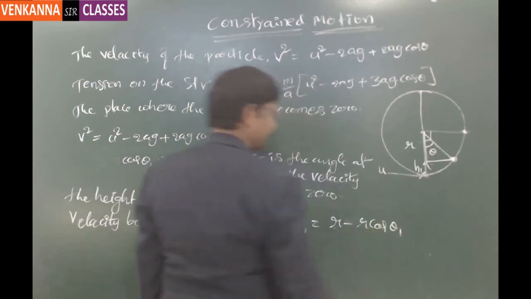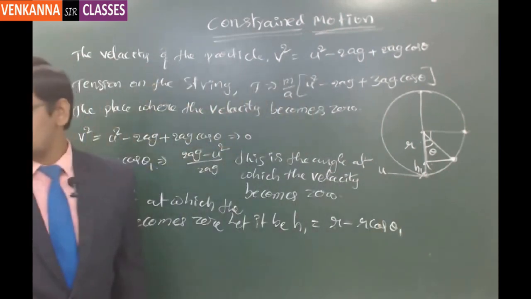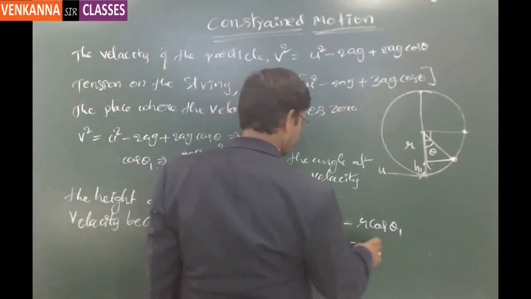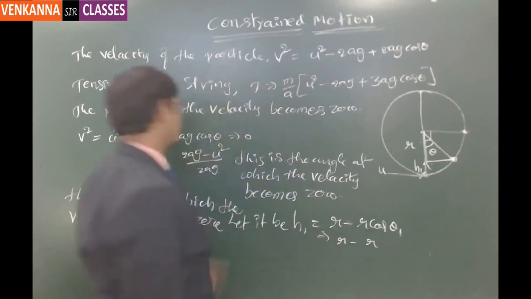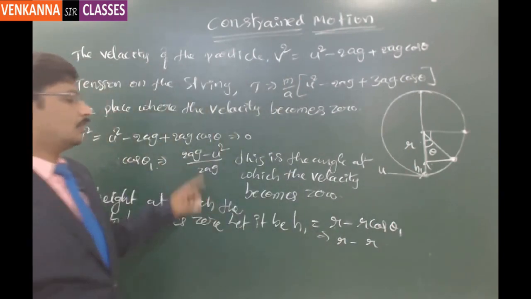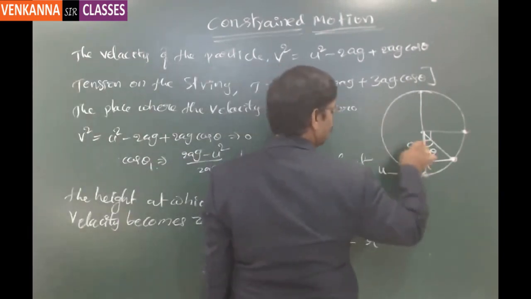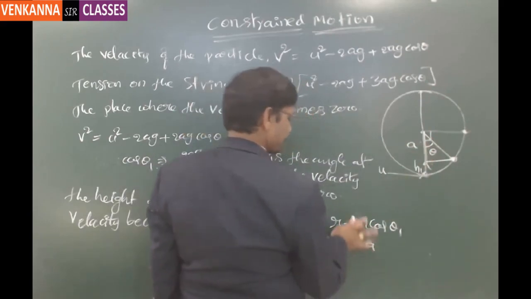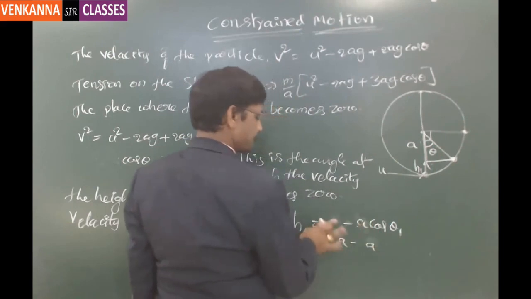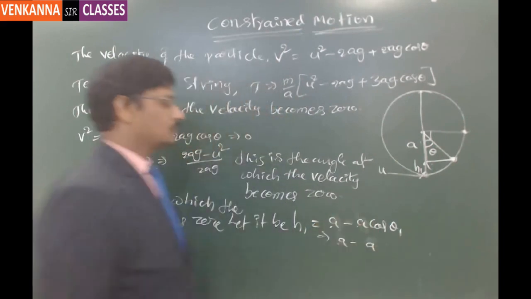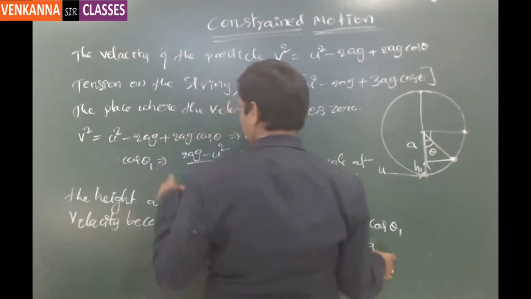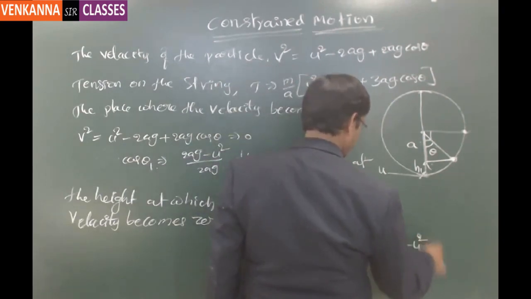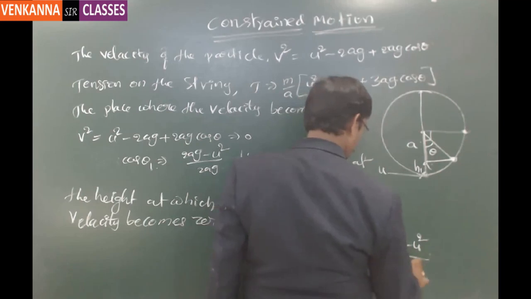Here a is the radius, so I will replace r with a itself so that there is no confusion. So a minus a cos theta 1 is 2ag minus u square divided by 2ag.